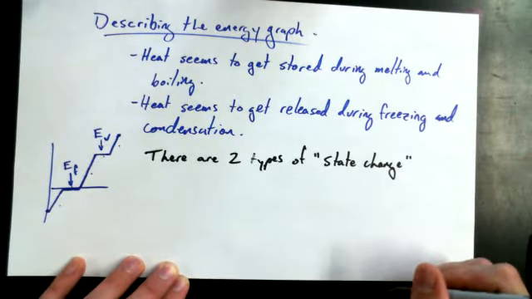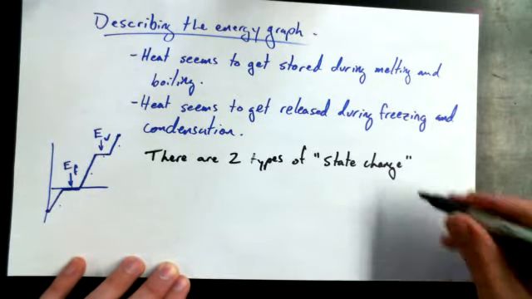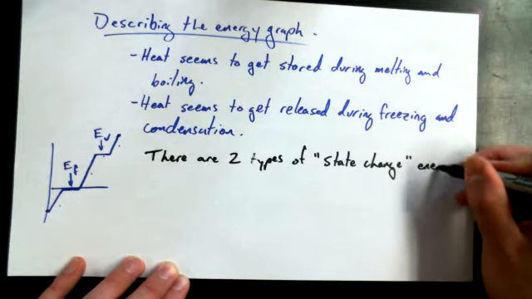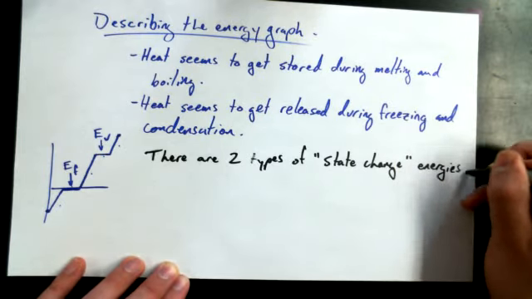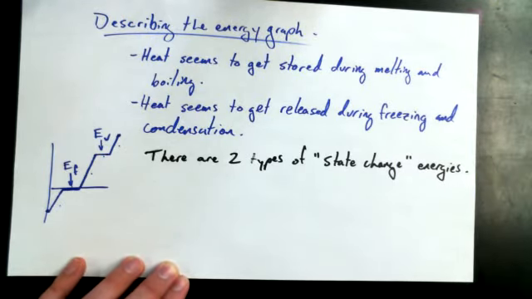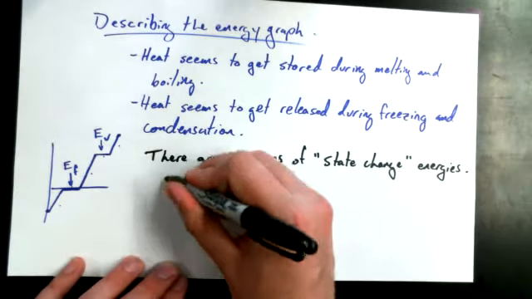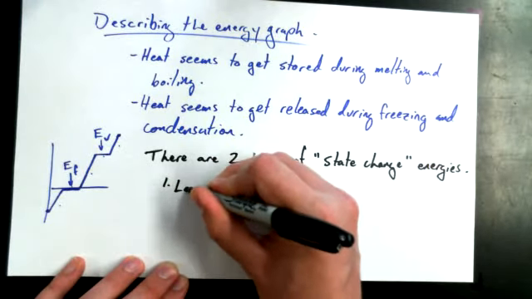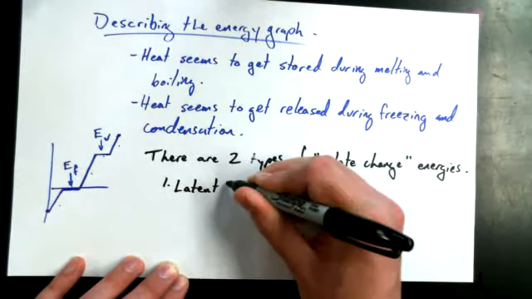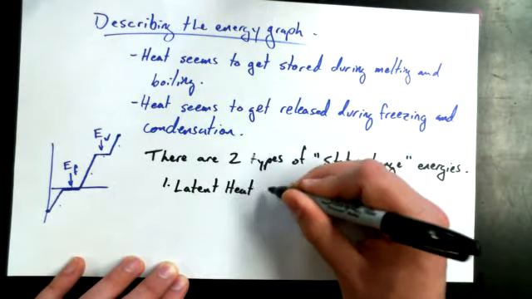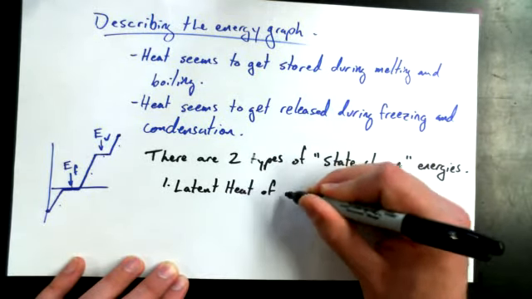I'm just going to put it in quotes because it's not like an official name or anything. There are two types of state change energies. And the first one is called the latent heat of fusion.